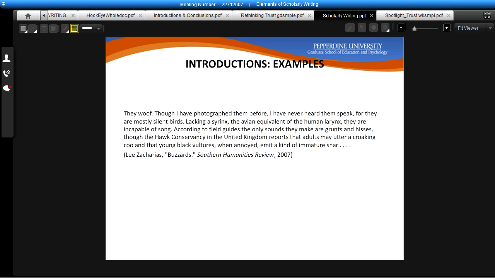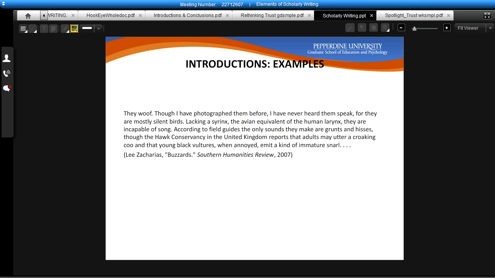Lacking a syrinx, the avian equivalent of the human larynx, they are incapable of song. According to field guides, the only sounds they make are grunts and hisses, though the Hawk Conservancy in the United Kingdom reports that adults may utter a croaking coo, and that young black vultures, when annoyed, emit a kind of immature snarl."